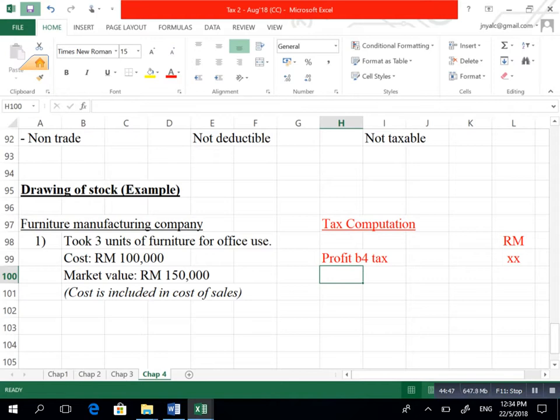Think about it properly. In your accounts, you included the 100,000 cost, but you never recorded any sales because you withdrew them already, right? But income tax says you must still have an income based on the market value. The withdrawal must still be subject to market value as your income.